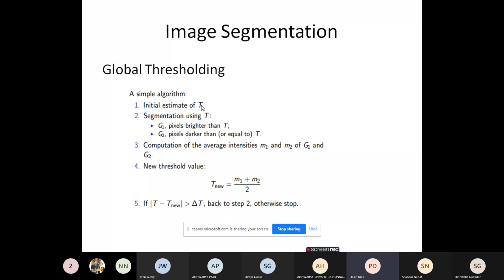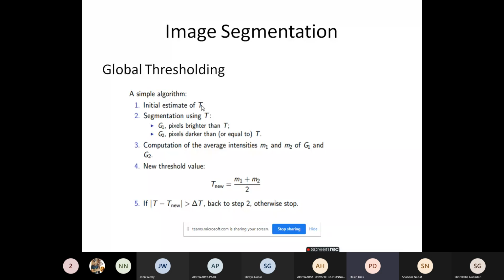So when to stop? That is a question. That's why this parameter delta T is used to stop iterating when the change in the threshold value is small. When the change in the threshold value is small, you can think of stopping this iteration.